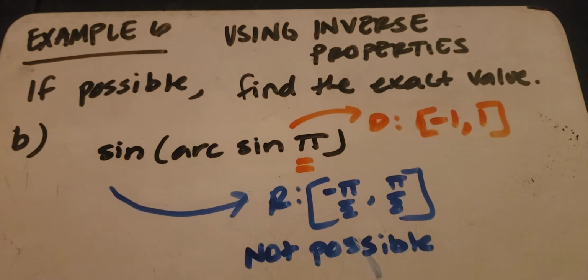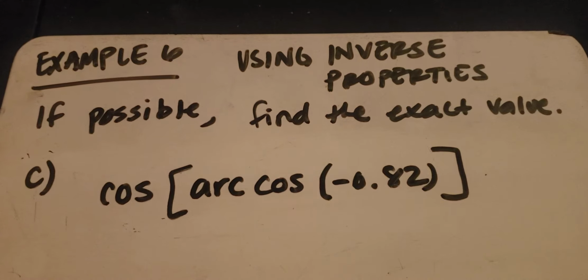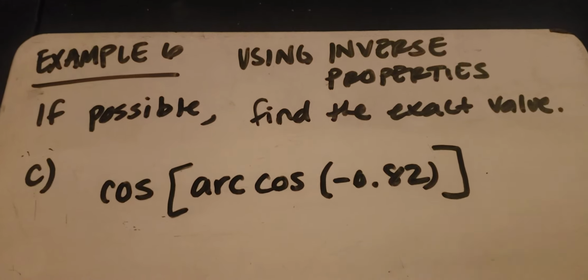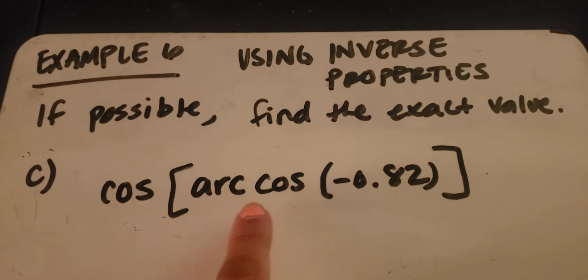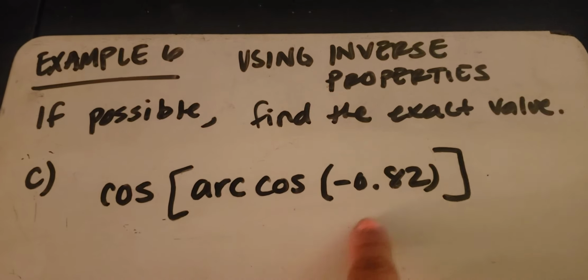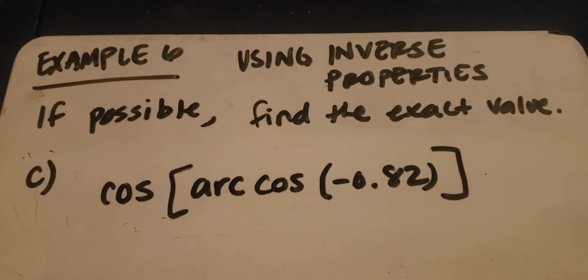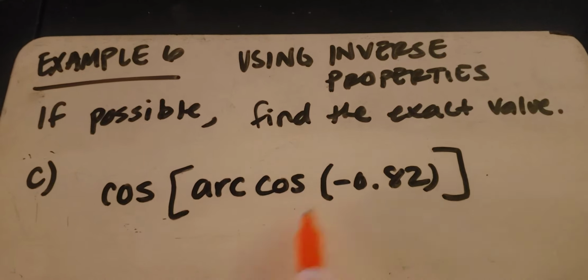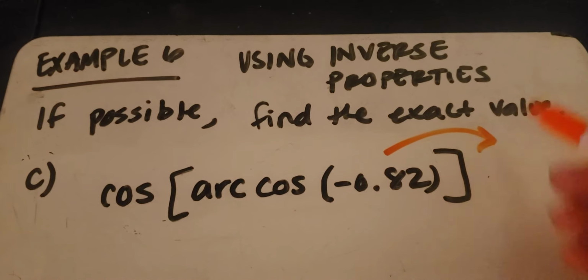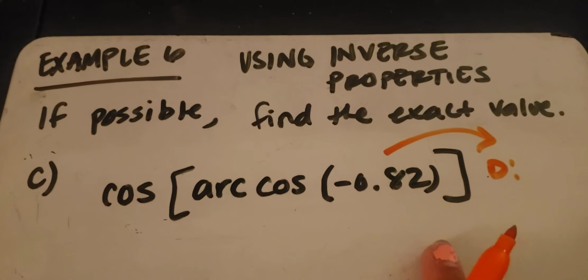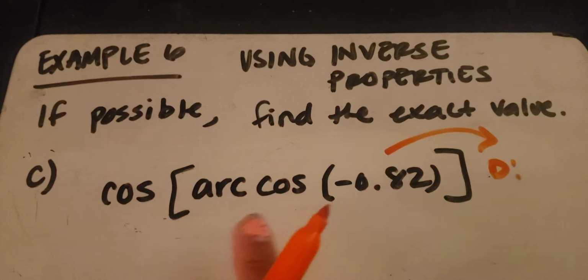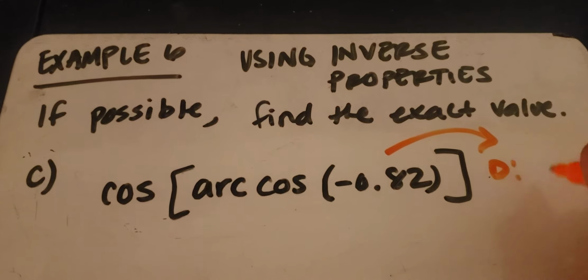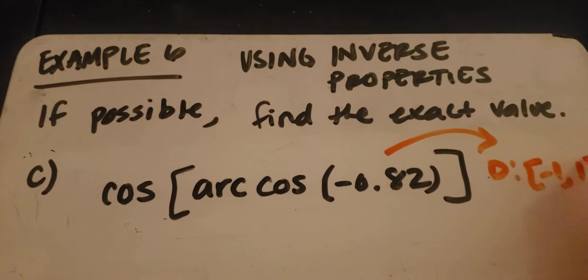All right, let's try another one. The next one that I'm going to do with you is cosine of arc cosine of -0.82. Once again, if the inverse is inside, then we should be looking at the domain, and the domain of cosine inverse or arc cosine goes from -1 to 1.